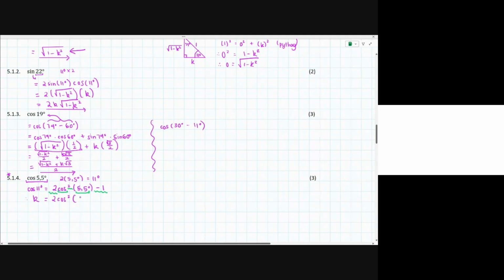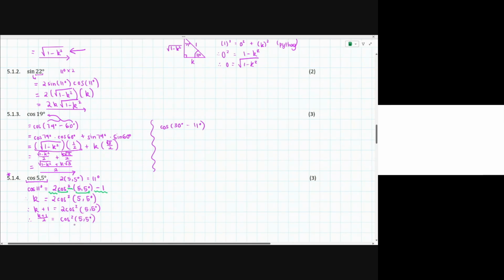The first inverse operation is to add 1 on both sides. So now I've got k plus 1 is equal to 2 cos squared 5.5 degrees. Divide both sides by 2, so (k plus 1) over 2 is equal to cos squared 5.5 degrees.